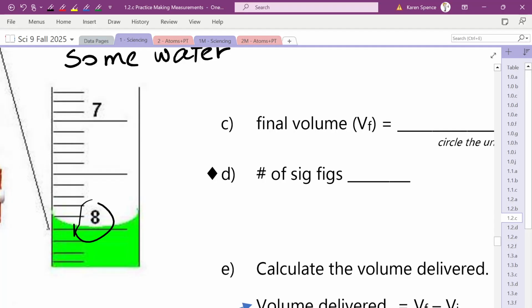So you can say final is like the end volume, or you can just say final volume. Final is what we use in science. So we have initial for the start, final for the end. But rather than writing out final volume, we can just write V with a small f down at the bottom.